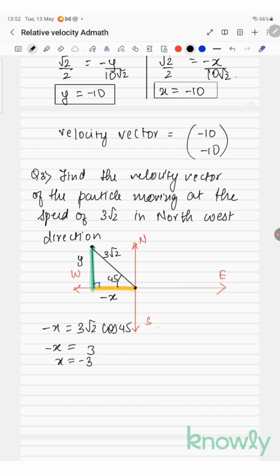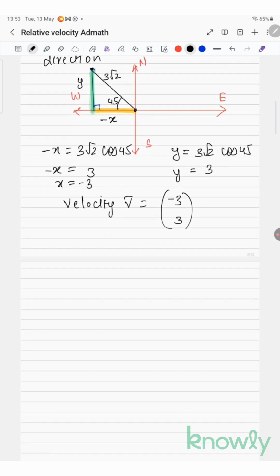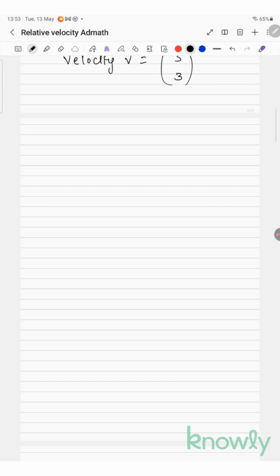And then y equals 3 root 2 cos 45, so y equals plus 3. So the velocity vector is minus 3 comma plus 3. I hope you understood my point. Okay, that is how to find the velocity vector. Now let's jump to the next type.